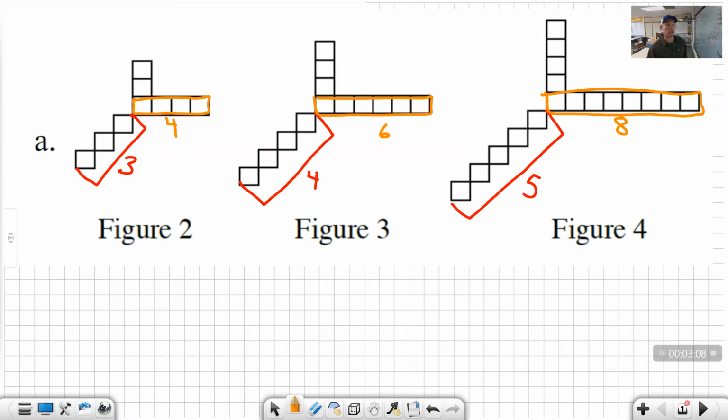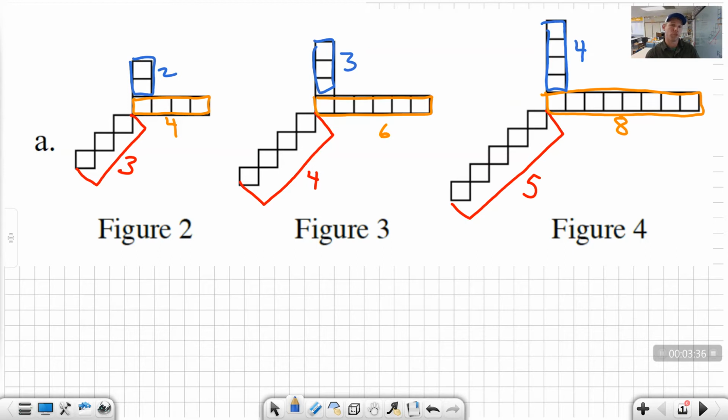Now, I want you to copy down figure 2, 3, 4 in your notebook. And for the vertical section, we have 2, we have 3, and we have 4. Make sure that you have copied figure 2, 3, 4 down on your paper.